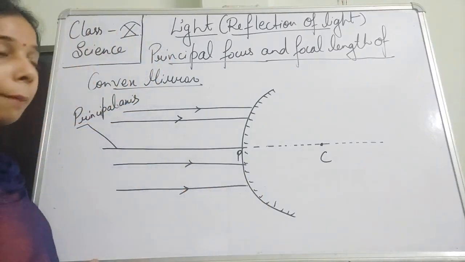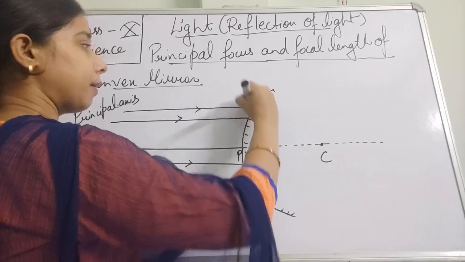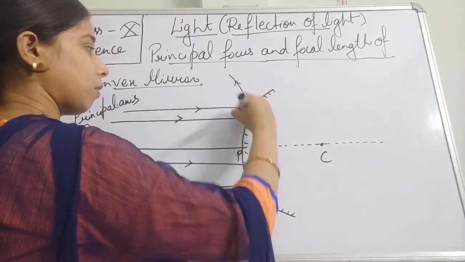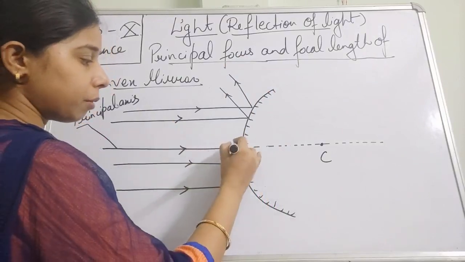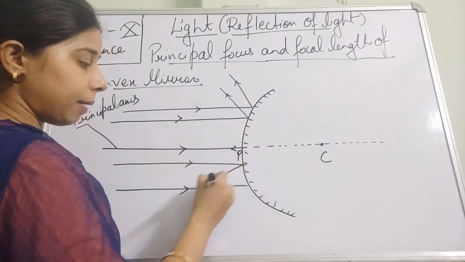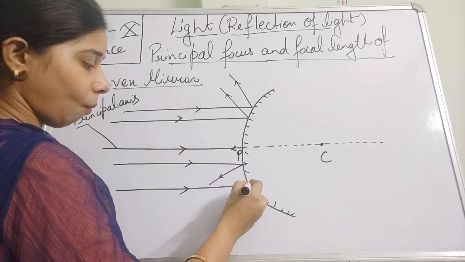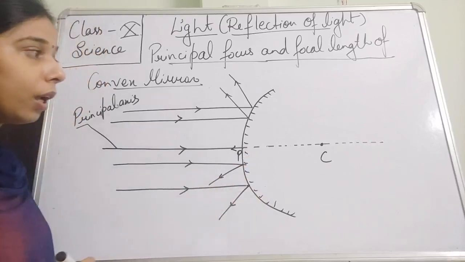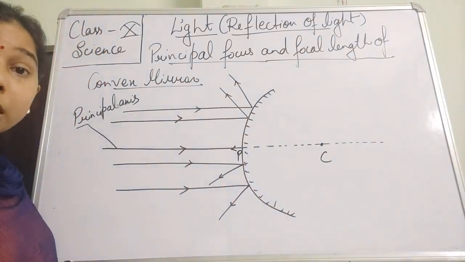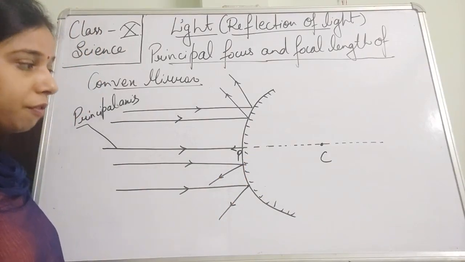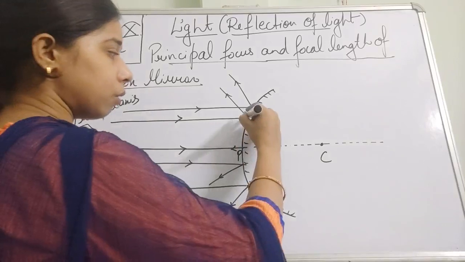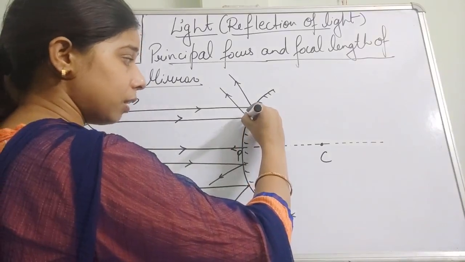It gets reflected back. A ray of light coming along the principal axis gets reflected back along the same path. Now you can see here that instead of meeting at a point, it gets reflected back.